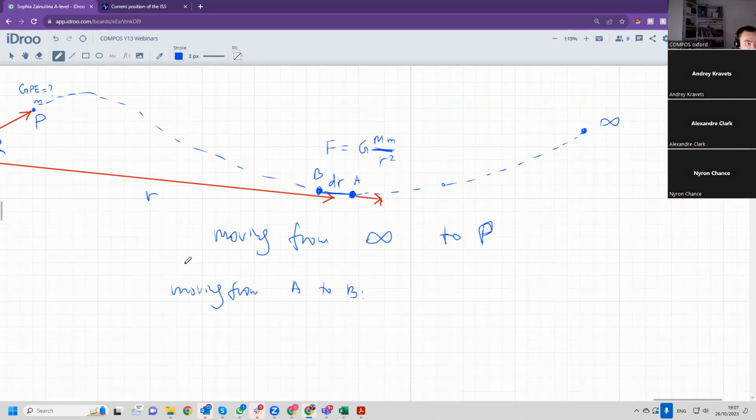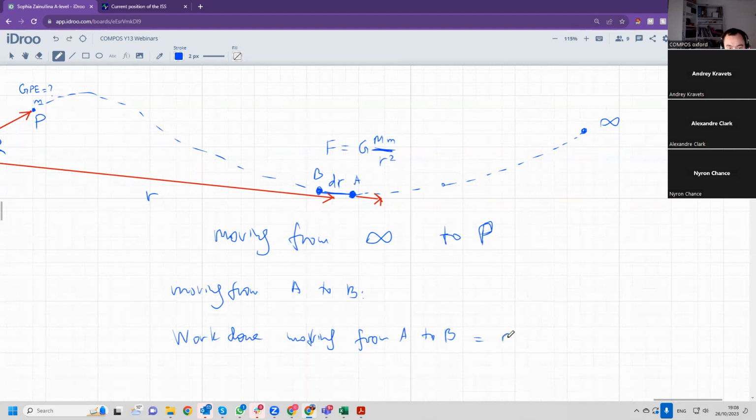So the work done moving from A to B is equal to minus, well, let's do it strictly.